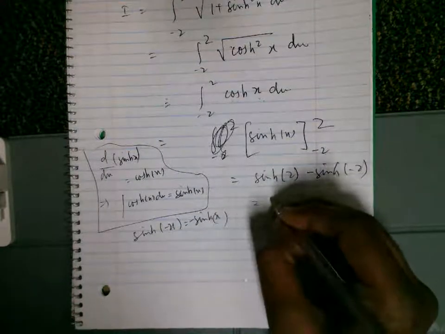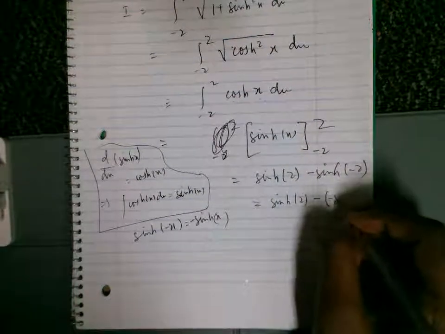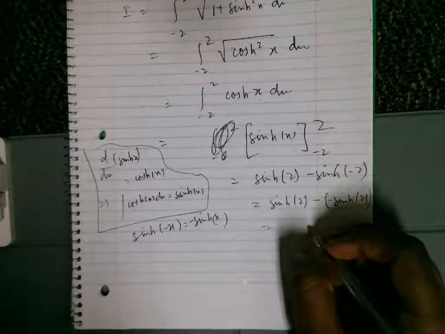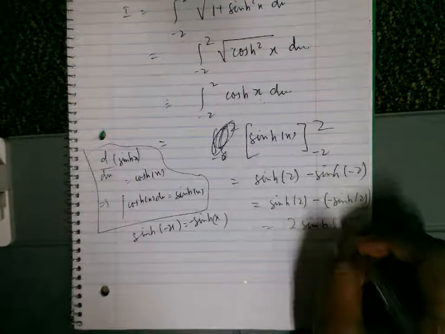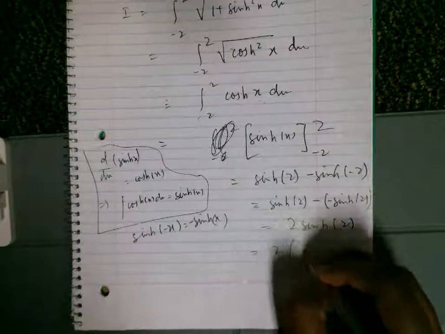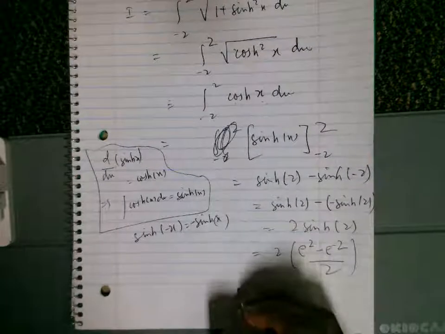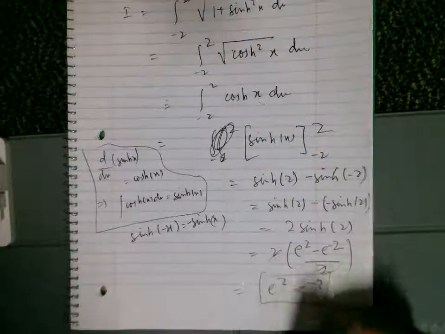So that means this is equal to sinh of 2 plus sinh of 2, which is 2 times sinh of 2. So this is 2 times e to the power 2 minus e to the power minus 2, divided by 2. So this is just e to the power 2 minus e to the power minus 2, which is our final answer.